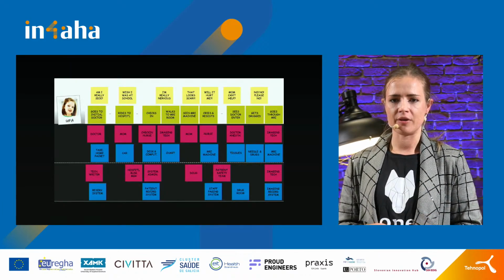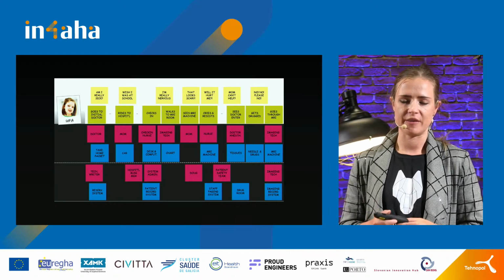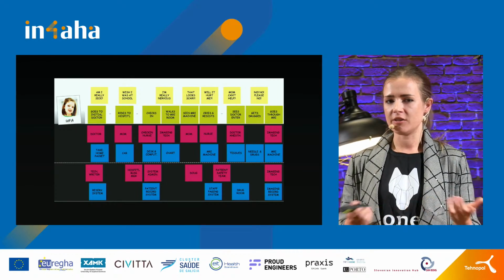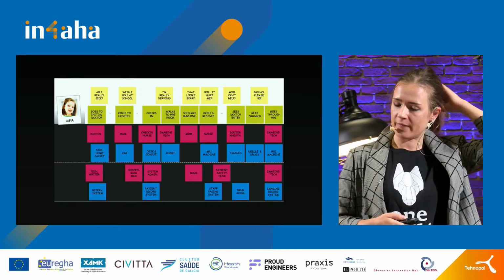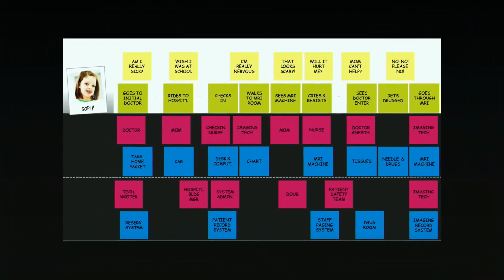And let me show you an actual case study of how to work with these customer journey maps. So here's just a random example of Sophie. She's a small kid, and she has a story where she needs to go through an MRI machine in a hospital. In this case, her actions are listed with these green sticky notes.